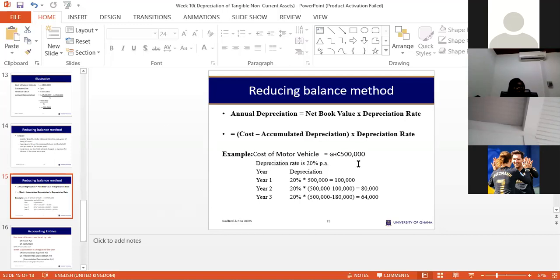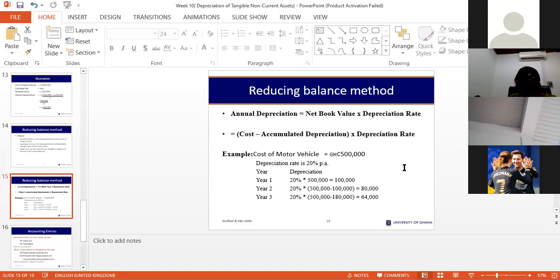And to be able to determine that reduced amount, which we will be calling the net book value, in order to compute your depreciation, or your amount allocated as depreciation, you must multiply the rate by the net book value. The question is, what is the net book value? The net book value is cost minus accumulated depreciation.